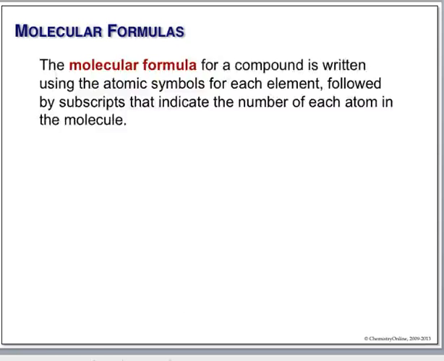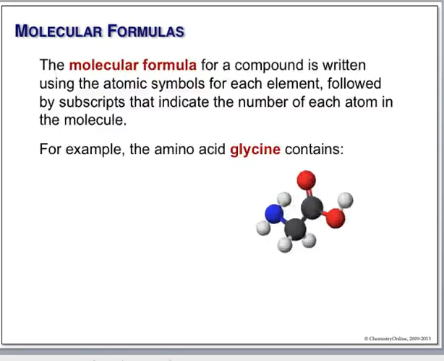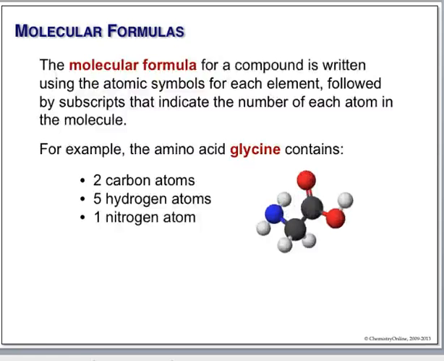Now we talked about molecular formulas. There are simple ways to reflect the molecular formula. The simplest is just to look at your molecule and convert that into atoms. If we look at this guy, we have 2 carbons. We have 1, 2, 3, 4, 5 hydrogens. We have 1 nitrogen, and we have 2 oxygens.